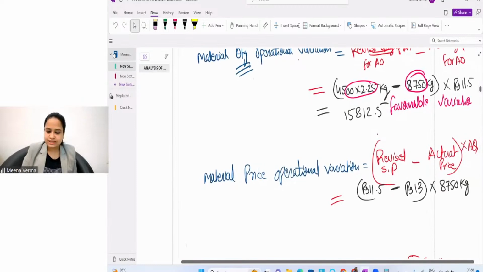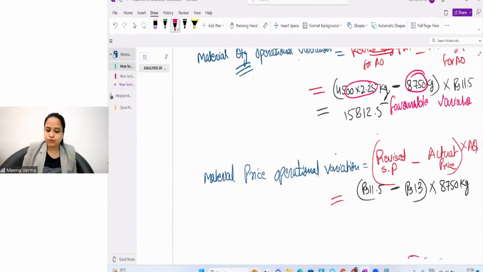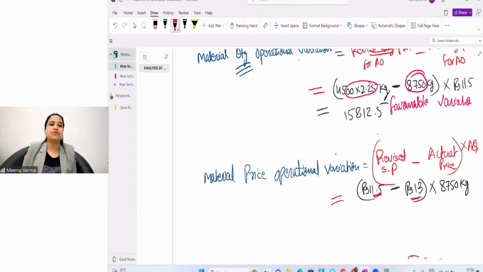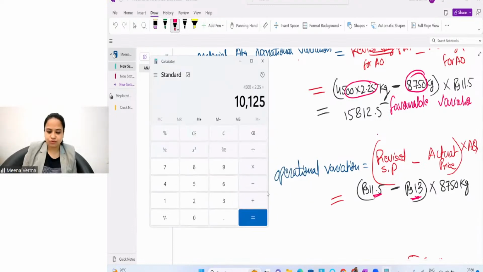So this is unfavorable because you were expected to buy the raw material at this price, but you purchased very expensive raw material. Since you are purchasing very expensive raw material, it is not good. It is unfavorable, right? So let's see what is coming.